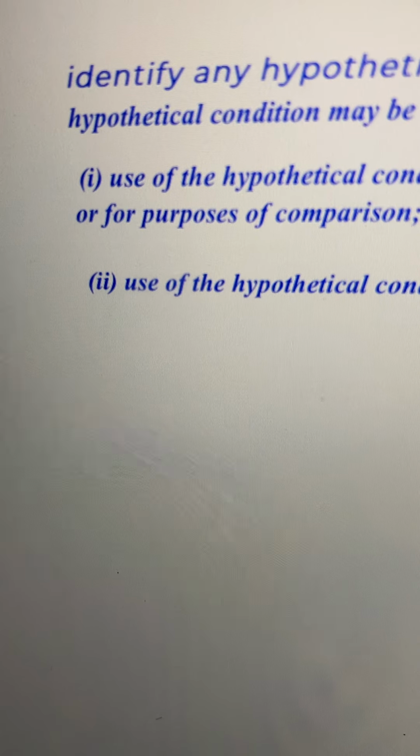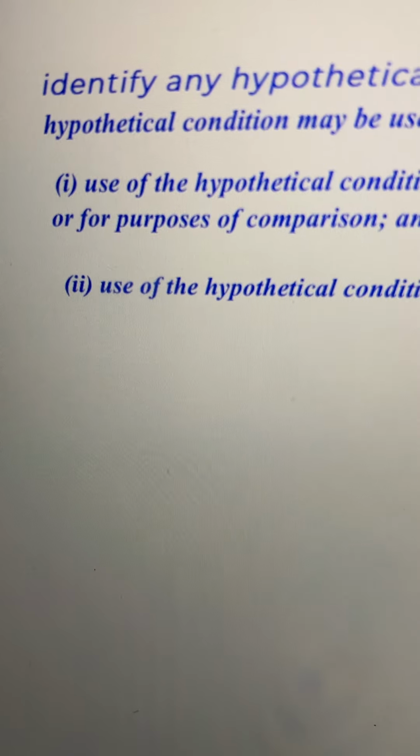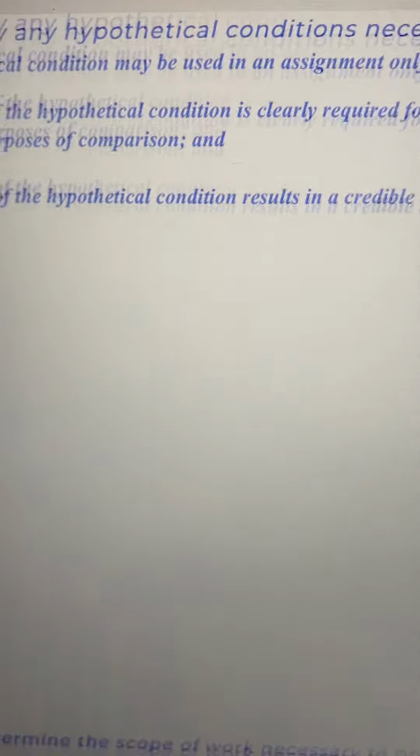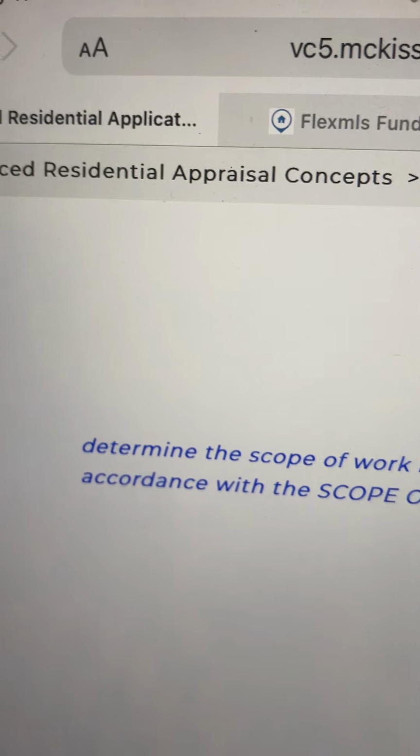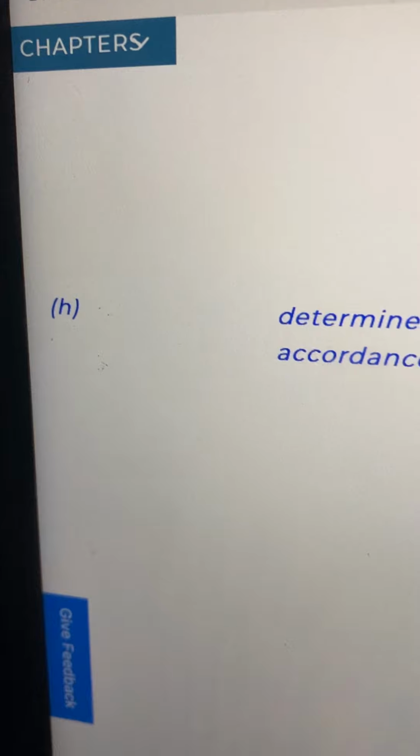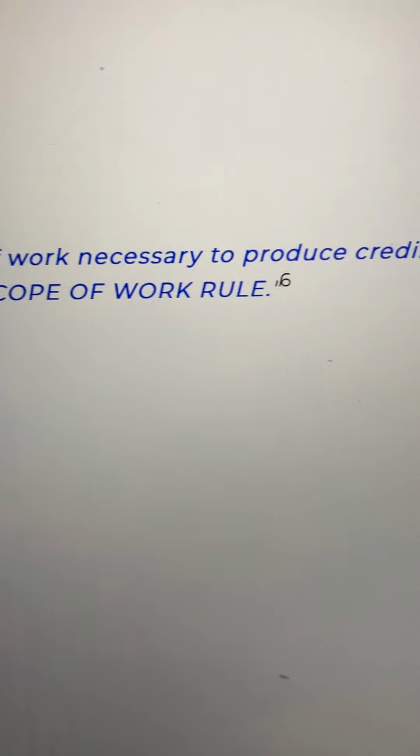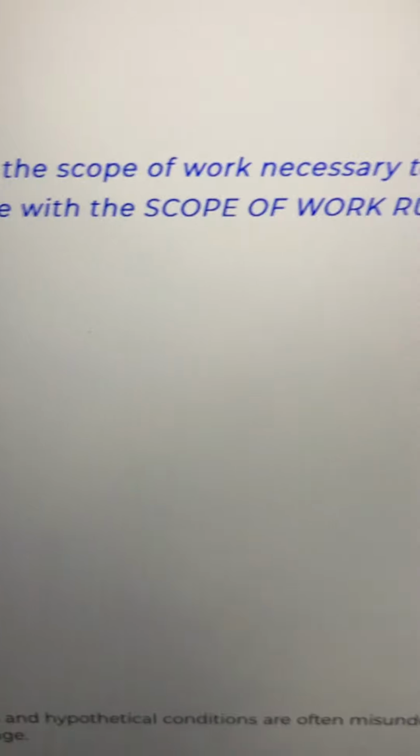And Roman numeral 2. Use of the hypothetical condition results in a credible analysis. And H. Determine the scope of work necessary to produce credible assignment results in accordance with the scope of work rule.